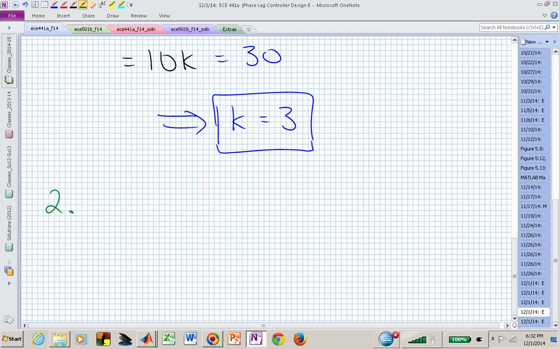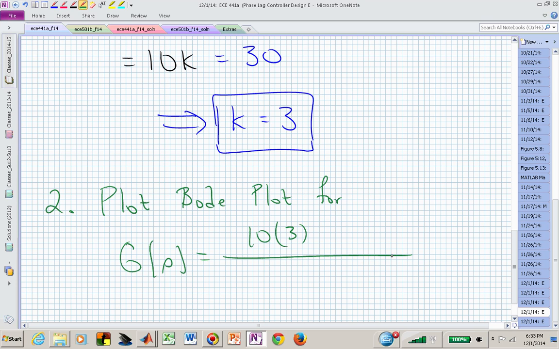In step 2, what we want to do is now plot the Bode plot for our now more fully defined system. That's 10 times K, or 30, over S, (0.1 S plus 1), (0.05 S plus 1).